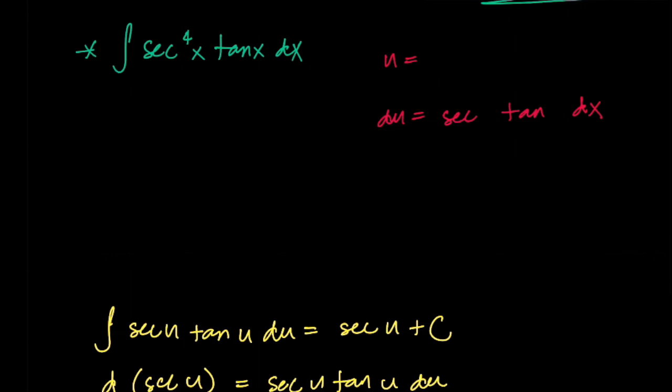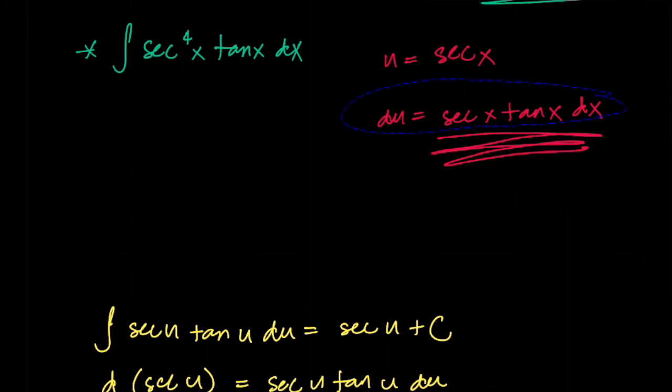Oops, this should be x, tangent x. This should be our differential. So, what is u? In this case, it's clear that our u should be secant x. So, notice that when secant x, our differential is this.